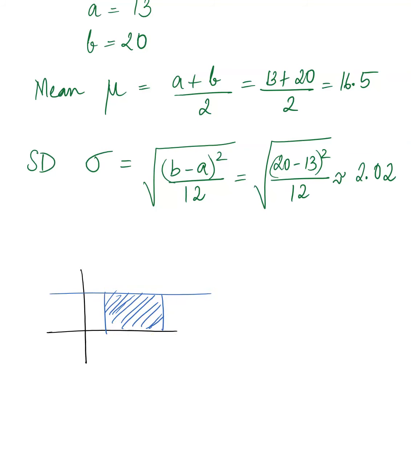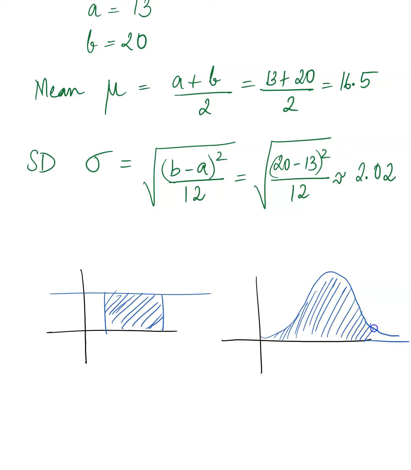And if it is not a uniform distribution, the other one we're going to look at in the next chapter would be this bell-shaped graph. Then everything under the curve would be shaded, or a portion of it could be shaded, but for the entire curve the area would be equal to 1, like how we had the area equal to 1.